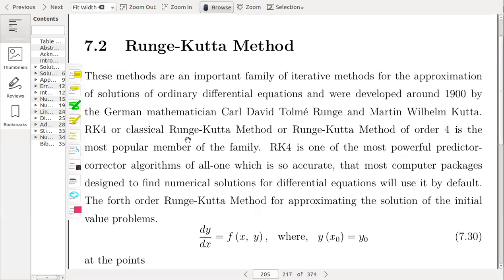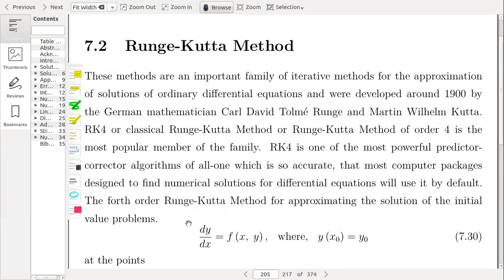RK4, or the classical Runge Kutta method, or Runge Kutta method of order 4, is the most popular member of the family. RK4 is one of the most powerful predictor corrector algorithms of all, one which is so accurate that most computer packages designed to find numerical solutions for differential equations will use it by default.